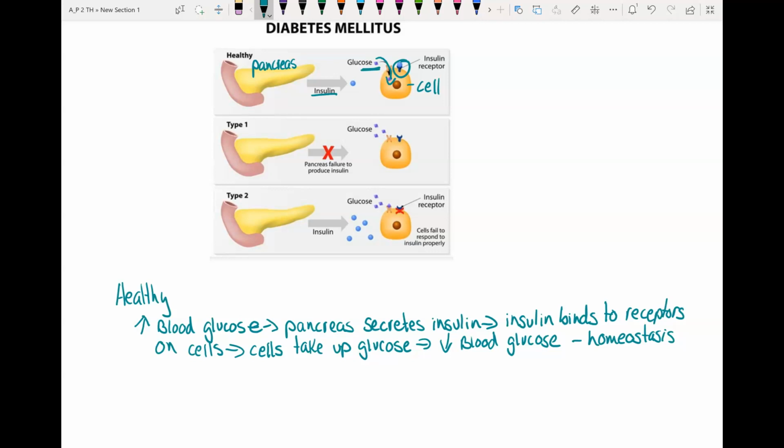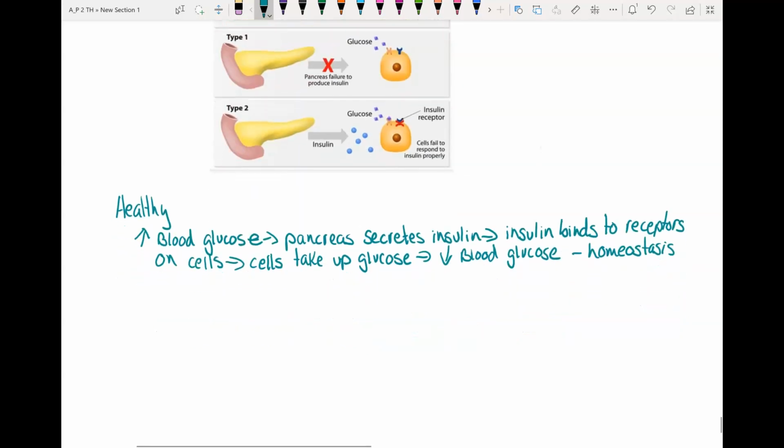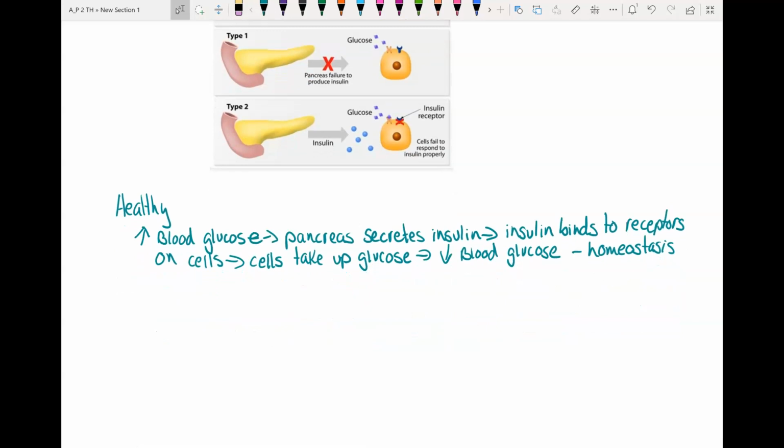The next two pictures show what can go wrong with this system. So we have type 1 diabetes mellitus and type 2 diabetes mellitus. Let's look at type 1 diabetes mellitus. In this case, the pancreas fails to produce insulin. This is when you get an infection of the pancreas by a virus.